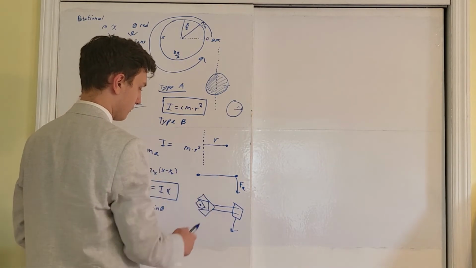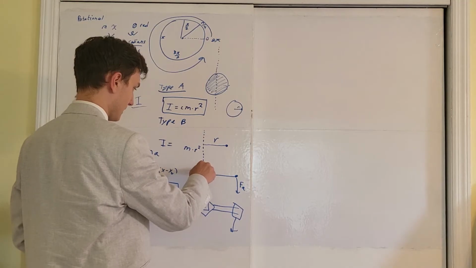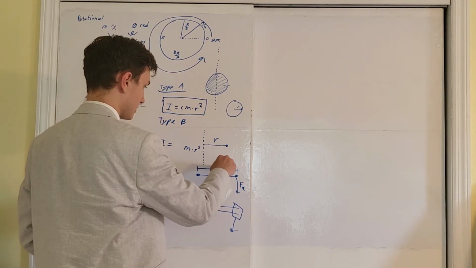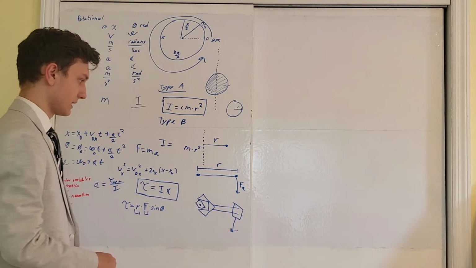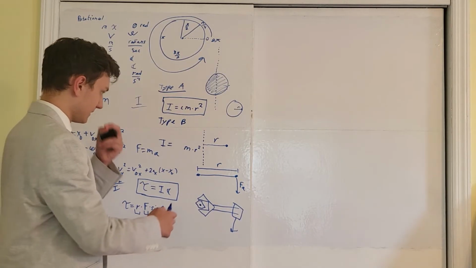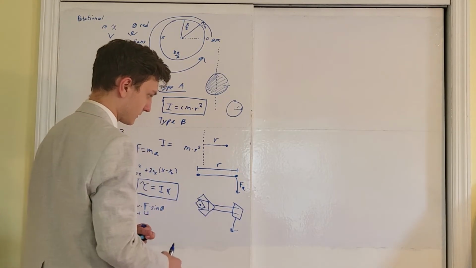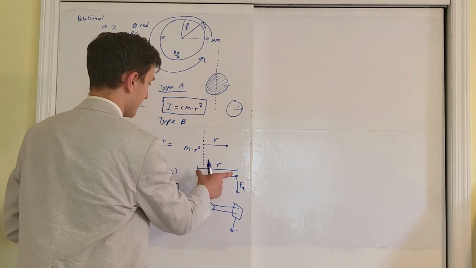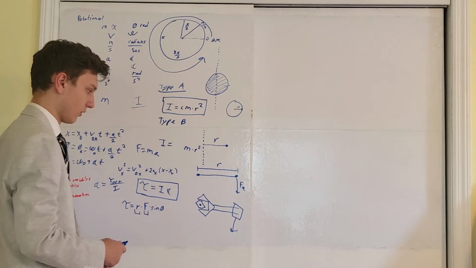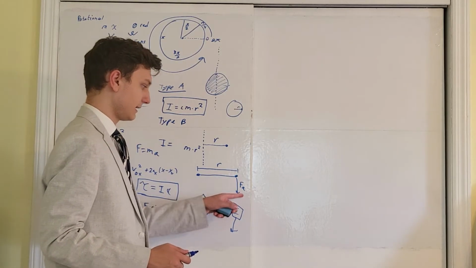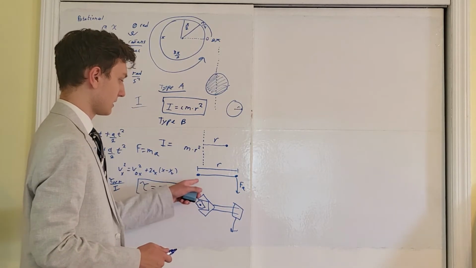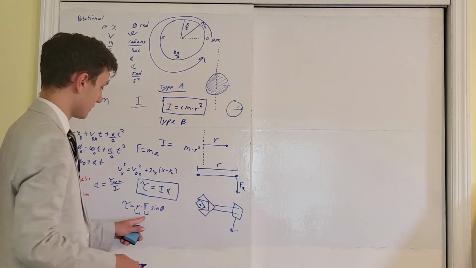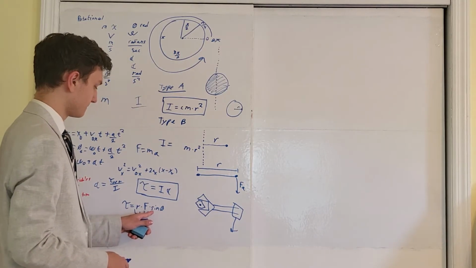I'm applying that force onto the wrench a distance r away from the center of rotation. The distance between the point at which the force is applied and the point you are rotating around is your r. The force applied to the wrench at that distance is your force F.